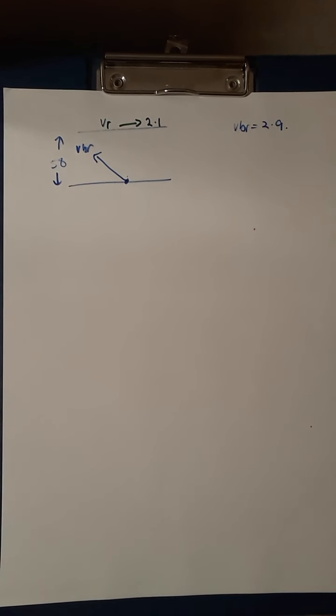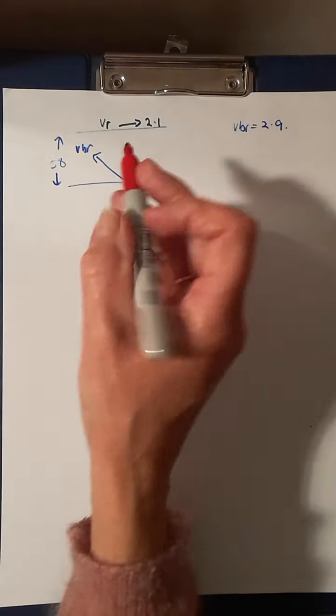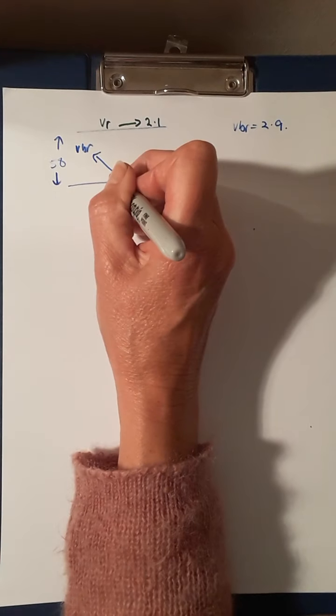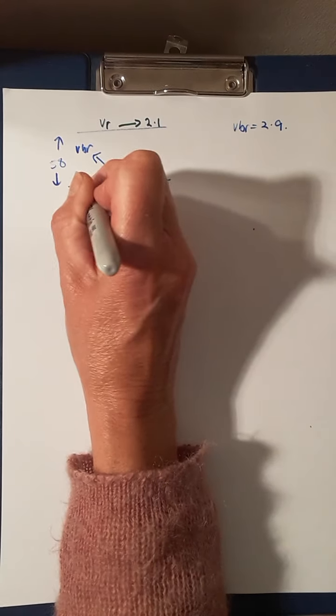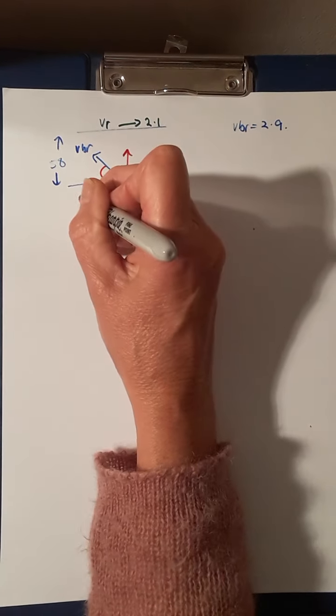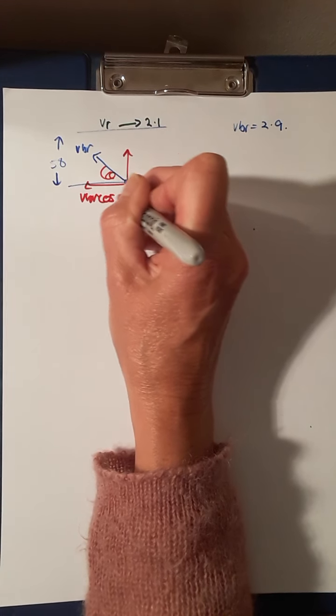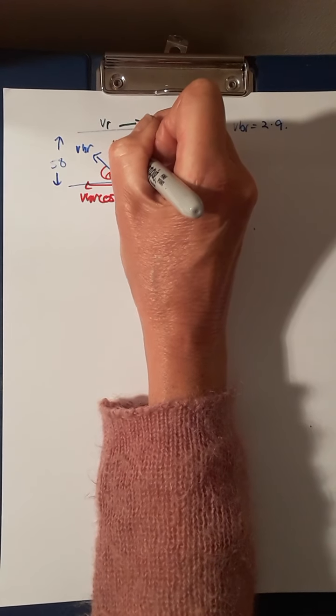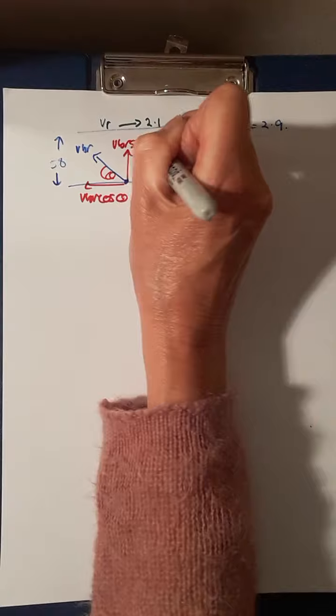Okay, now remember that VBR is made up of two components. There's an angle to the bank, theta, and this is going to be VBR cos theta, and this, of course, is VBR sine theta.